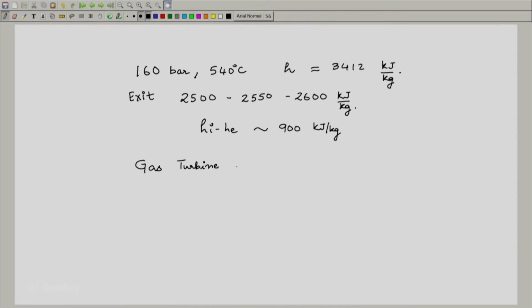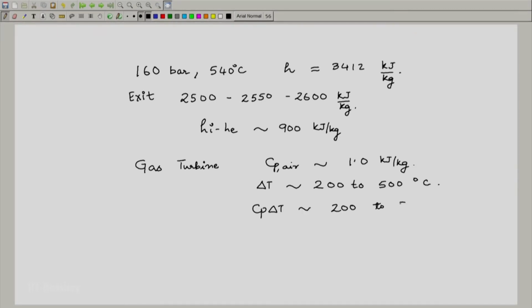So, let us say the gas turbine is operating with air, and I will just write down approximate values, Cp for air is around a kilojoule per kg per kelvin, and delta T that you get in gas turbines could be anywhere between 200 to, let us say, 500 degrees centigrade. So, you see that even here the delta H, which would be just Cp times delta T, would be between 200 to 500 kilojoule per kg.